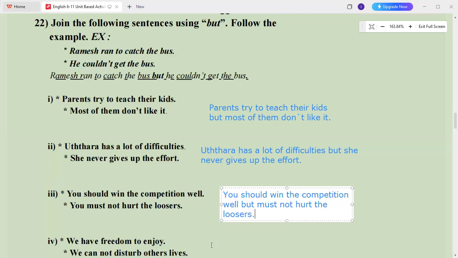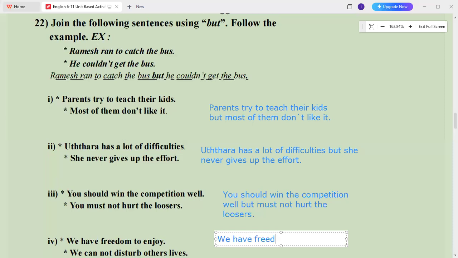Now, next one, Pute. We have freedom to enjoy, right? We have freedom to enjoy, but we cannot disturb others' life, right?